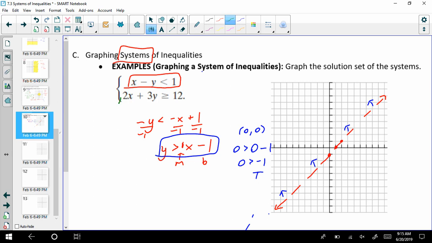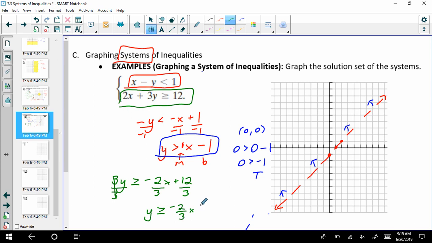I'll do it in green. We need to get y alone, so I'm going to subtract the 2x. And then I have to divide by the 3. So let's graph this line, mx plus b.